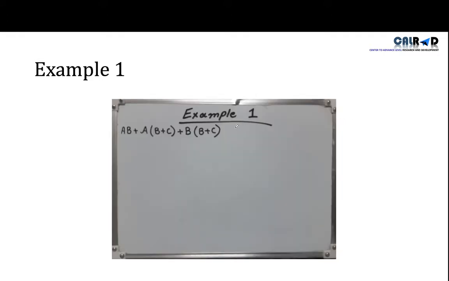Let's start with example 1. From this example you can see that an equation is given. Previously, if we are given such an equation, we will draw a block diagram from that. But here our task is to simplify this equation. Let's see if without simplification we will be drawing our block diagram, how many gates will be used.